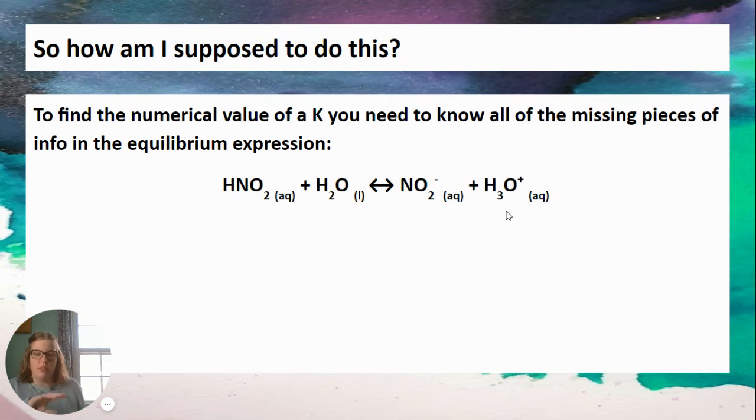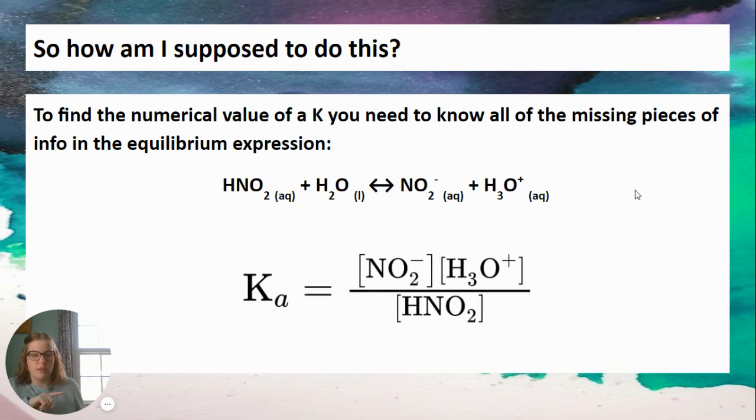Think about what your Ka expression is going to be. Not the Ka value, the Ka expression. Pause it if you need to, and then I'll show you what it is, okay?